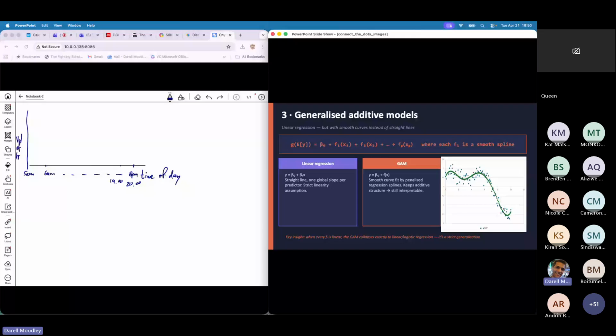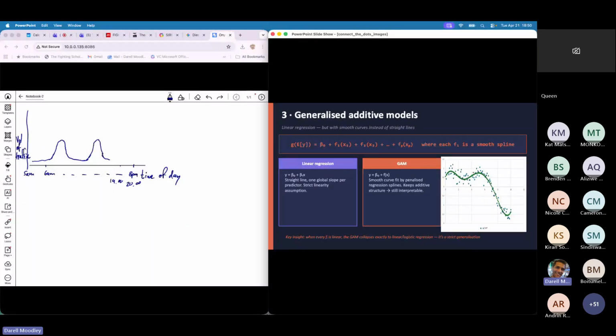Your traffic flow is quite slow here, but as you get towards 7 a.m., the traffic starts to pick up. It starts peaking, and that's peak hour, and then it drops again. It's kind of quiet during the day, and then when you get to your afternoon peak hour around 5 or 6 p.m., it starts picking up again, and so on.